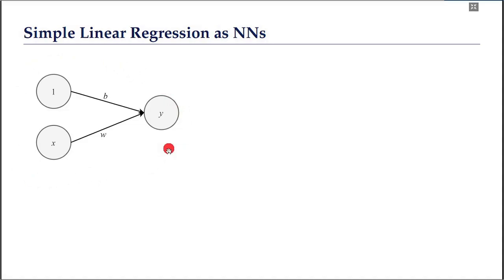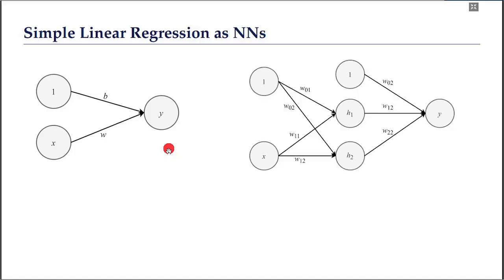But if we have at least one hidden layer, we call that specific neural network a deep neural network. So let's represent this single layer neural network model or simple linear regression model as a deep neural network model. It could be something like this. We have an input layer similar to the first one.